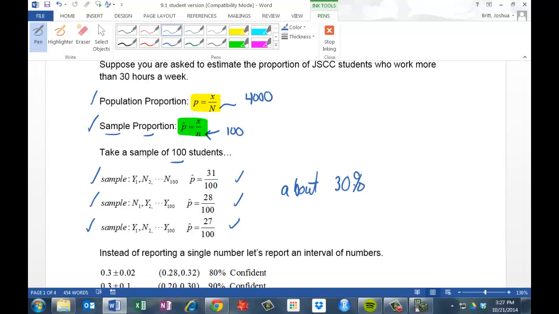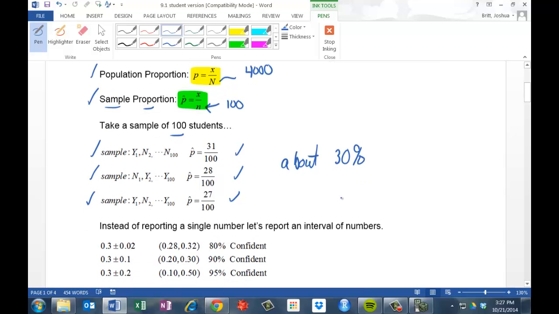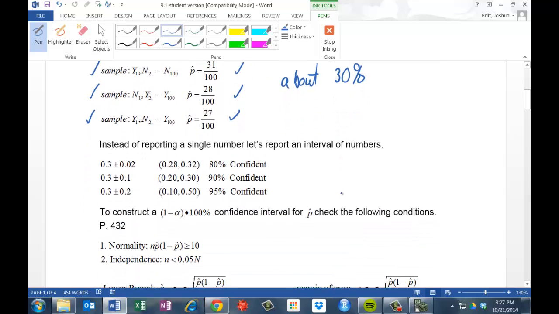Now, the idea behind a confidence interval is that instead of reporting a single number, we report an interval of numbers. So we might report something like 30% plus or minus, and we call this value here in purple the margin of error.